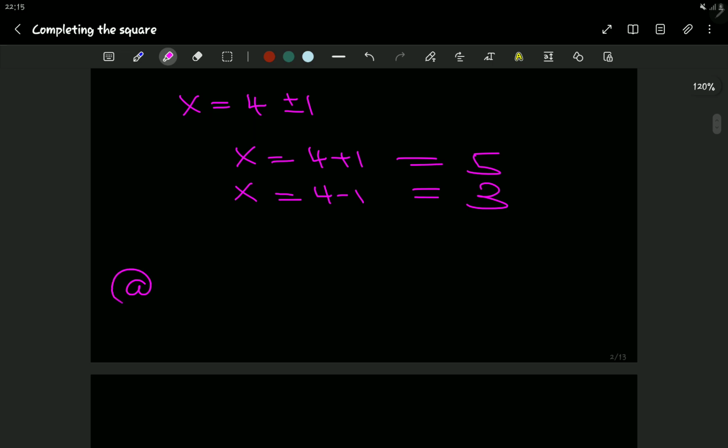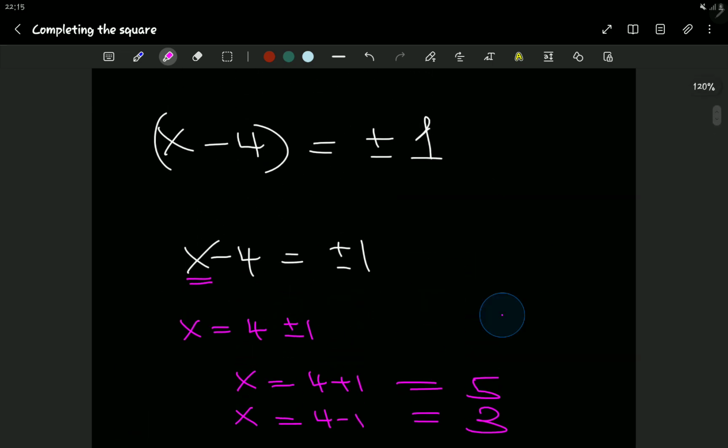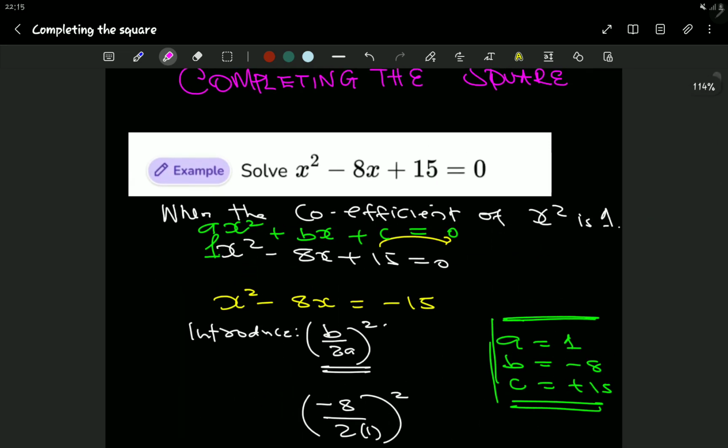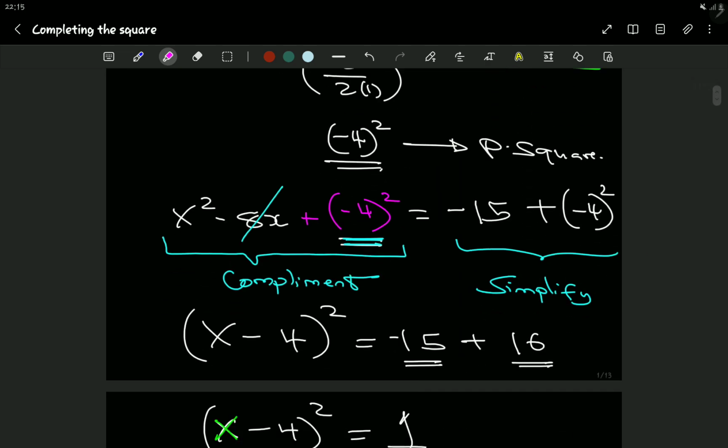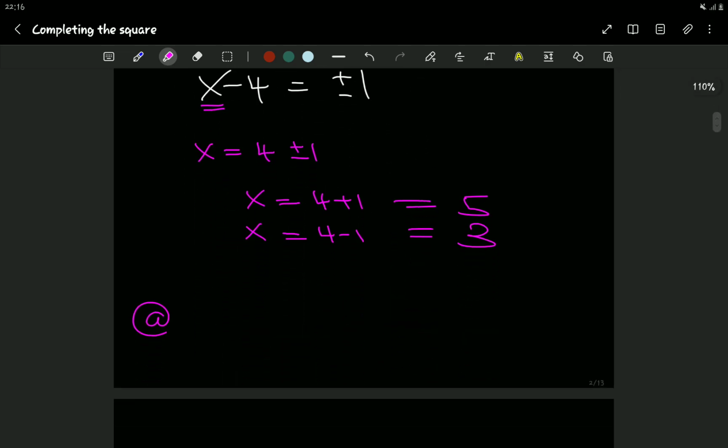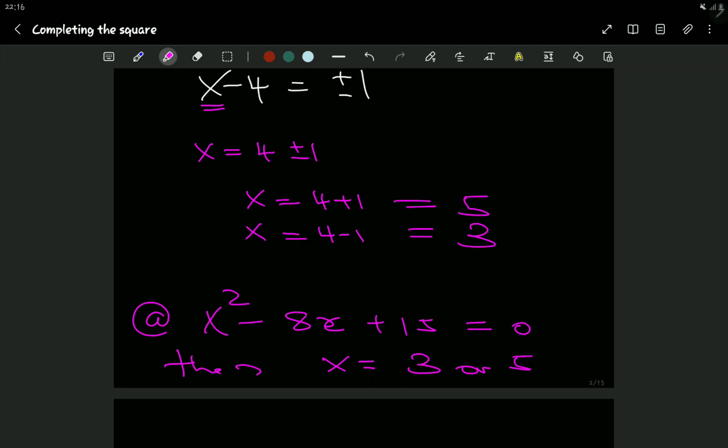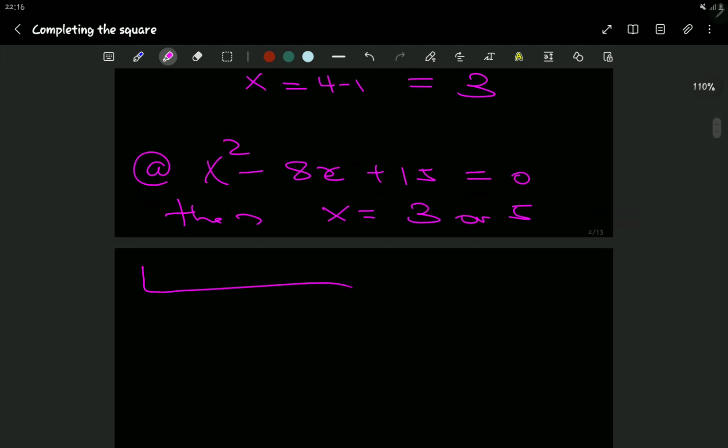Therefore, for the equation that we've been given, x squared minus 8x plus 15 is equal to 0, x is equal to 3 or 5. And both of them are positive. Hence, solved.